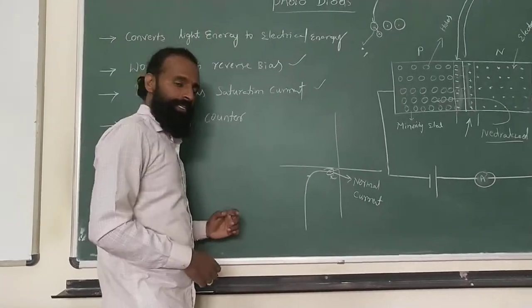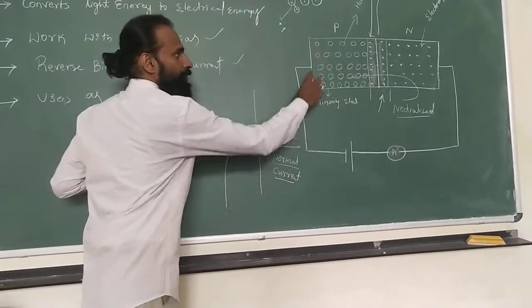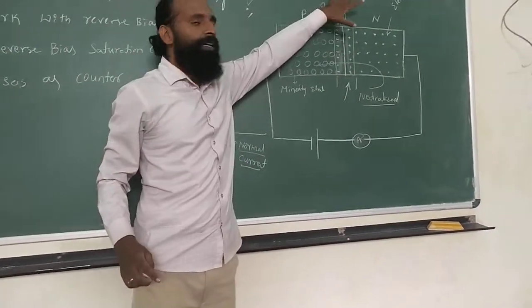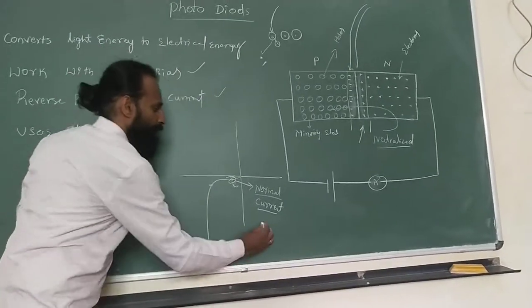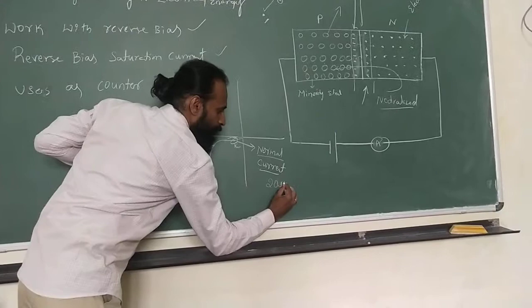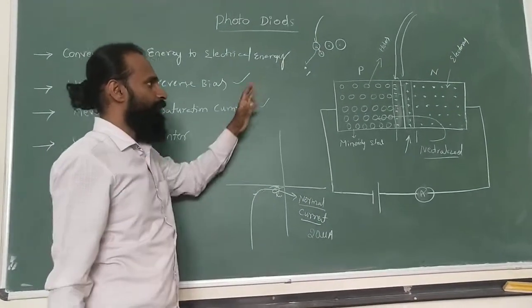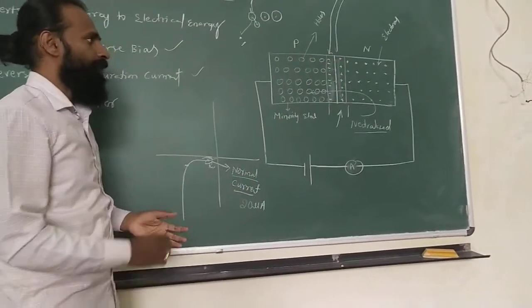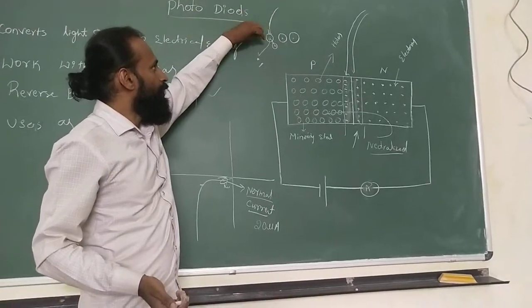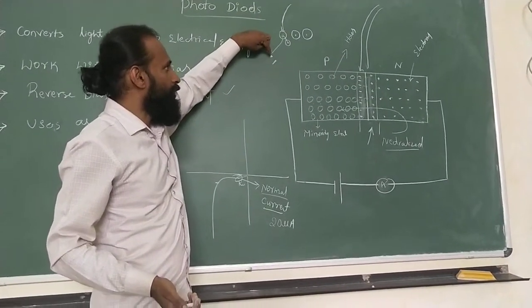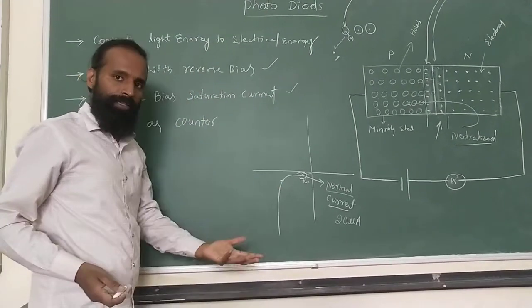For example, let us take a numeric example. Suppose the normal current of this diode without photons falling onto the depletion region is 20 microamp. Once light falls onto the depletion region, because of the energy of that light, it creates electron charges and positive hole charges that become carriers of the current.